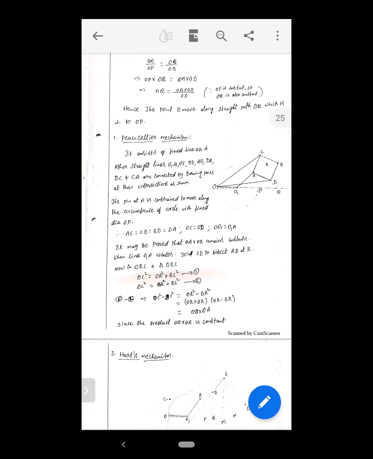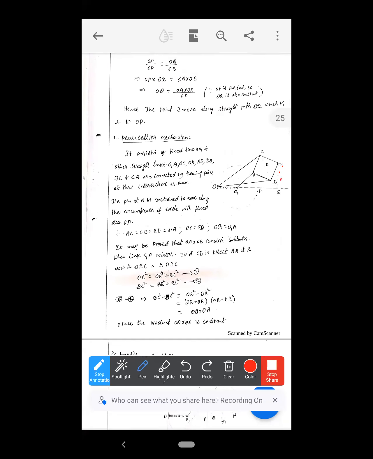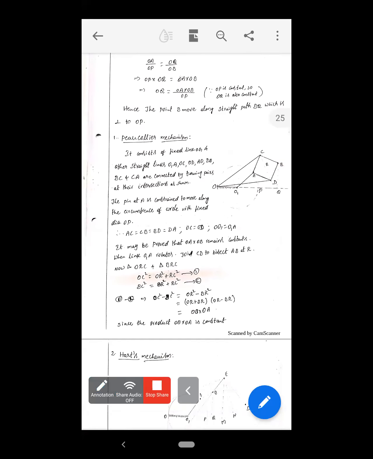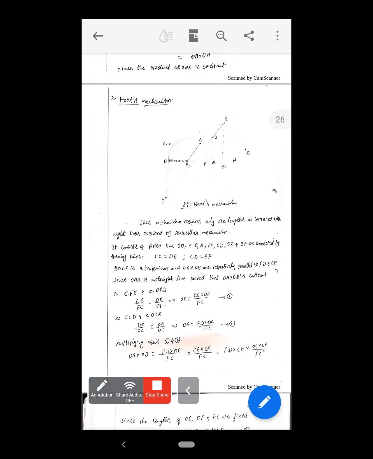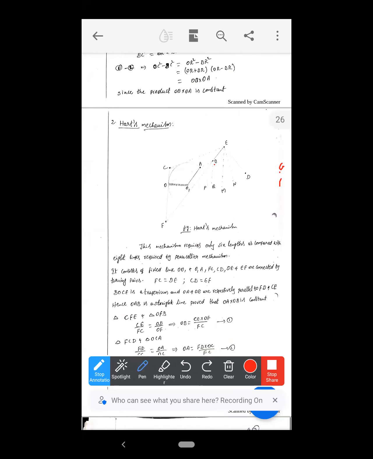In our Peaucellier motion mechanism, all of you observe that BQ is our straight line motion. Similarly, in our Hart mechanism, again BQ is there, also represented with BQ, to achieve the exact straight line motion.